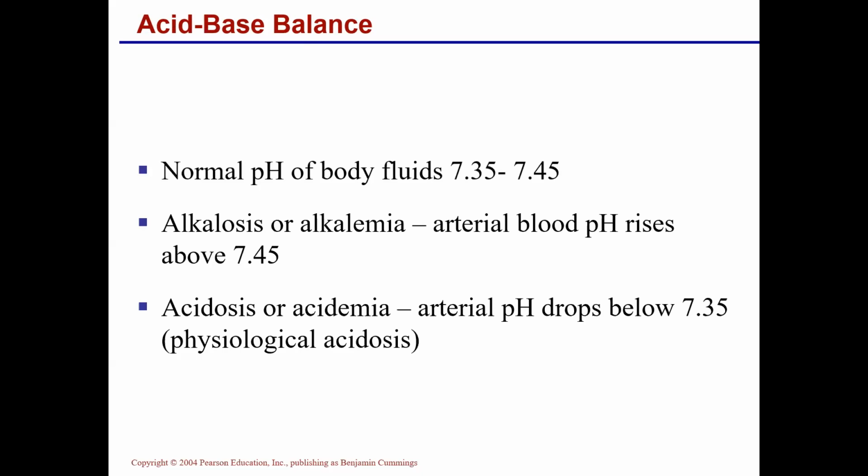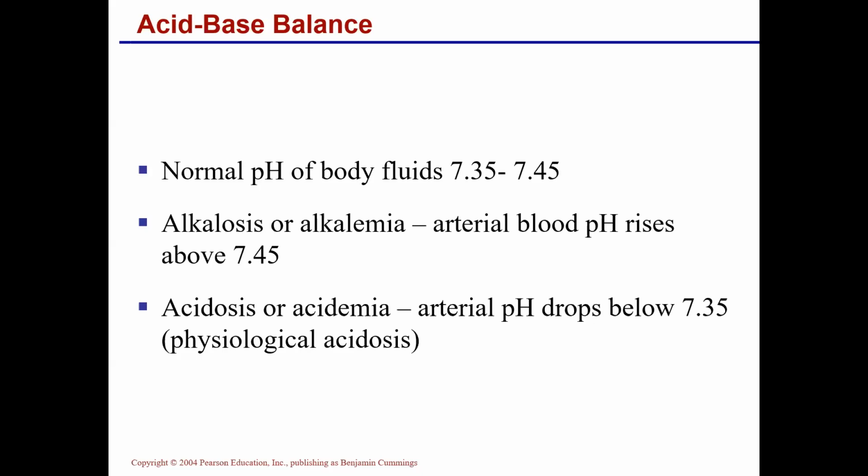So pH is constantly regulated in our body fluids. We have a very small physiological pH window, between 7.35 and 7.45. Lower than 7.35 is called acidosis. Higher than 7.45 is called alkalosis.